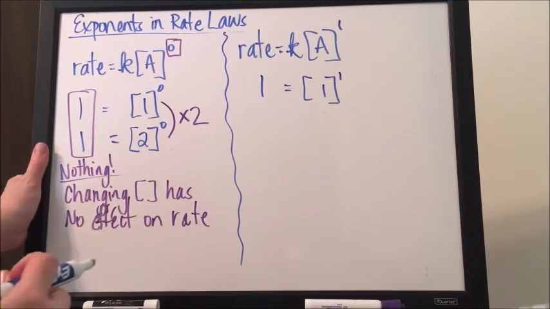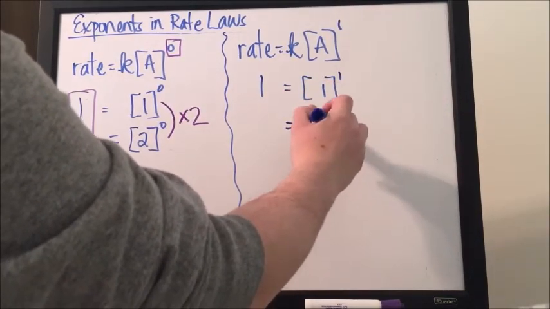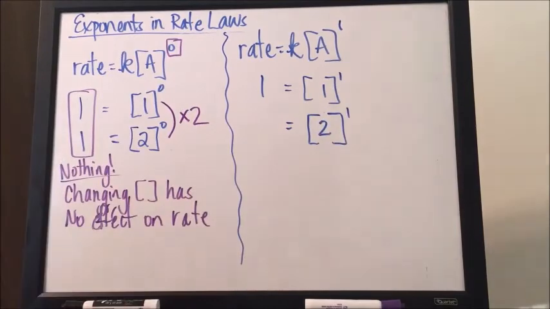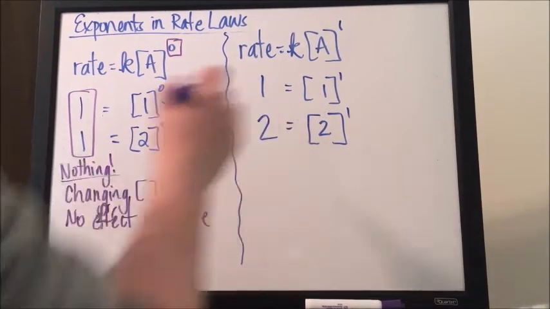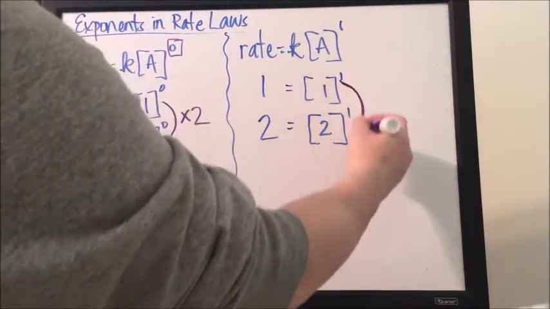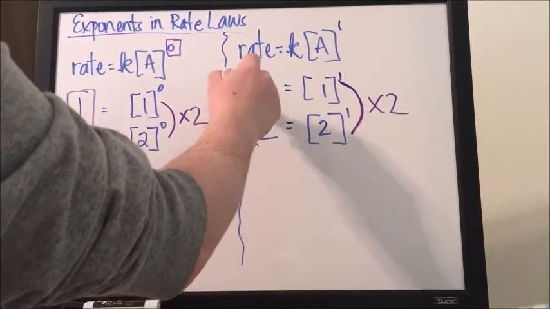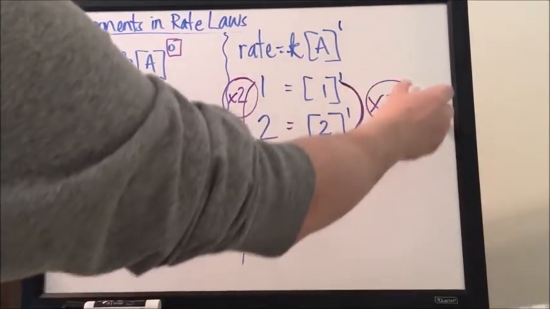Okay, so now let's double this again. If I double it, I would make it a 2. And in this case, it's 2 to the first. Well, 2 to the first is 2. So look what happened. Your concentration, we doubled. Your rate, we also doubled.